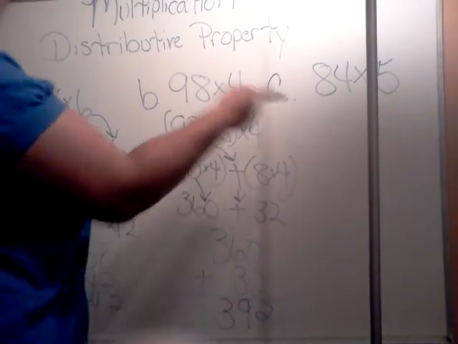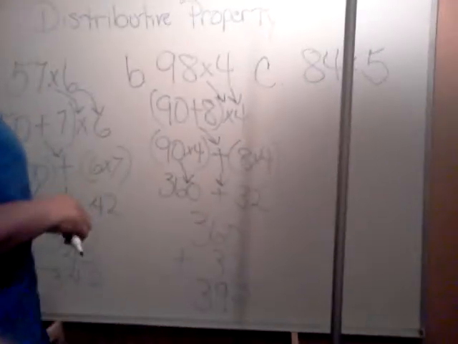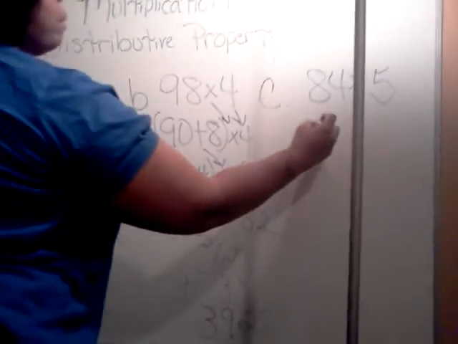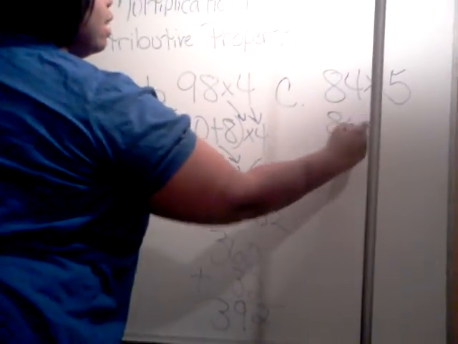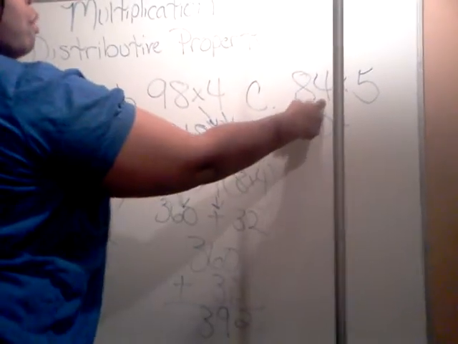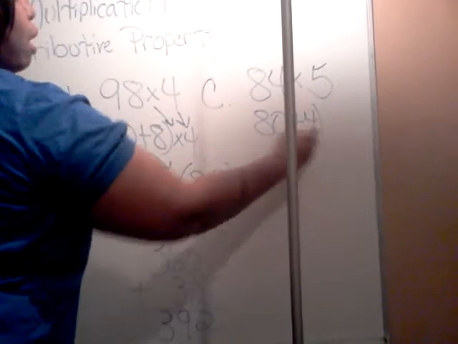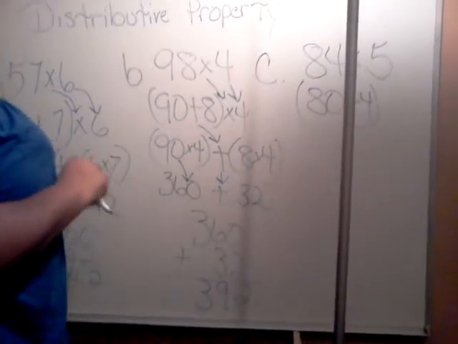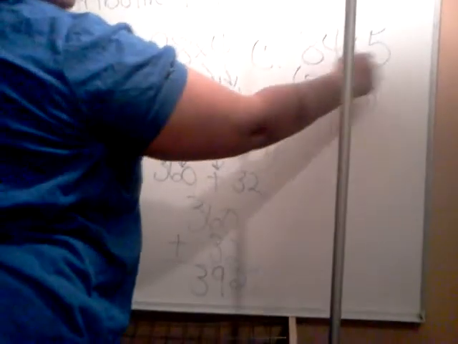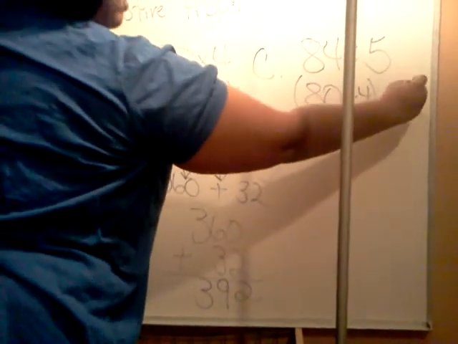First step of 84 times 5 in distributive property, I'm going to write the two-digit number in expanded form. So that will be 8 tens is 80, plus 4 ones is just 4. Put it in the parentheses to make it the quantity, 80 plus 4. I'm going to bring down the times sign and the one-digit number.